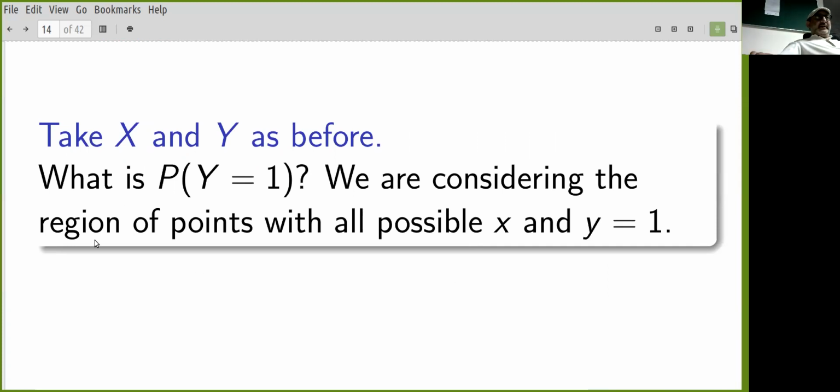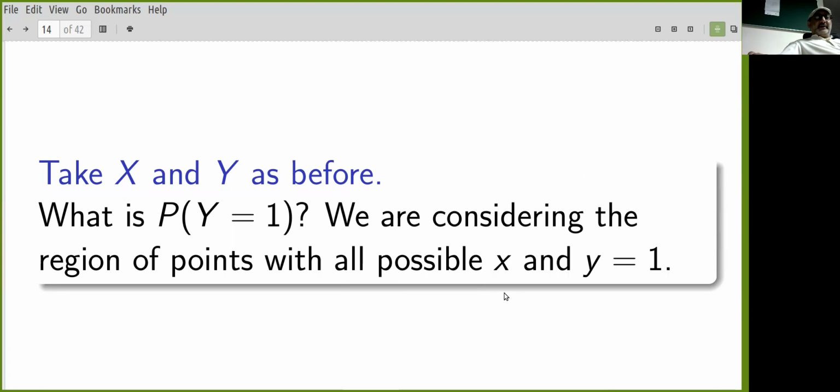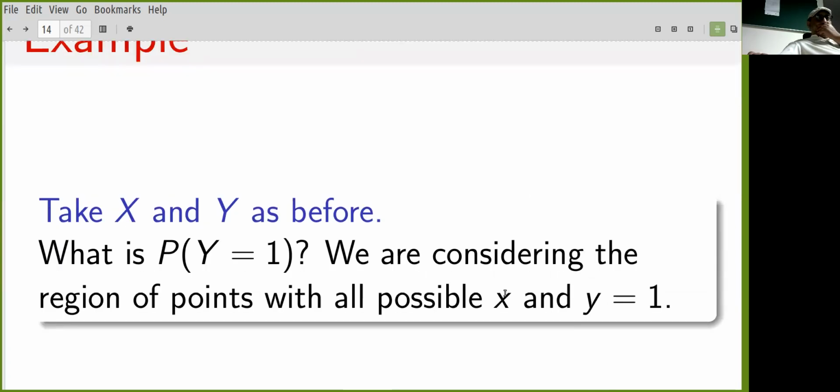So take x and y as before. What is the probability that y is equal to 1? Okay, so that means x can be anything, and y is equal to 1.